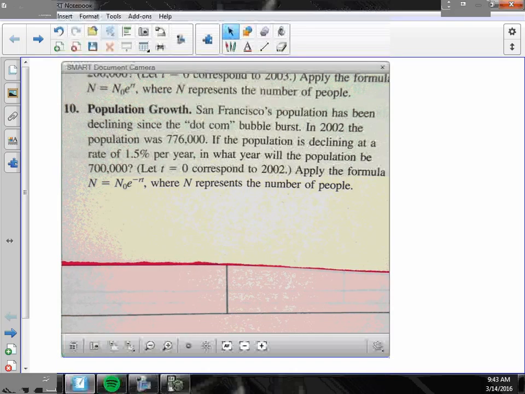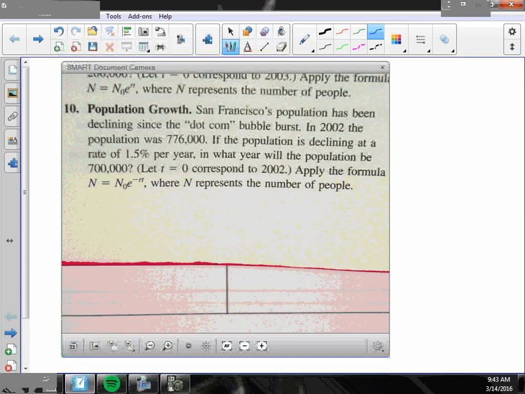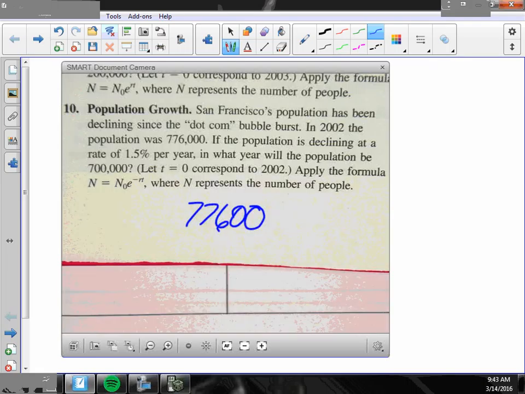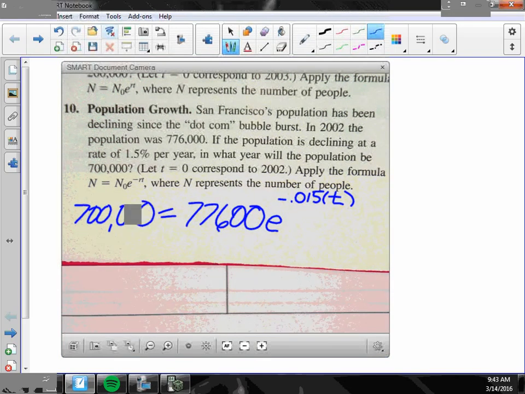And she even gives us a hint: let t equal 0 correspond to 2002. That was so nice of her. So we have this much in 2002, and we're going to times it by e. Now, we're going down, so my r value has to be negative. So it's going to be negative 0.015 times t is equal to 700,000.